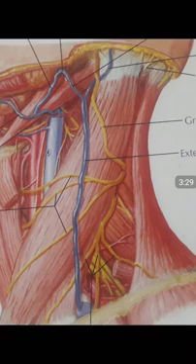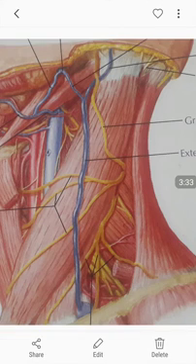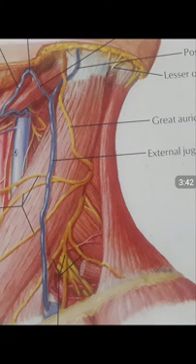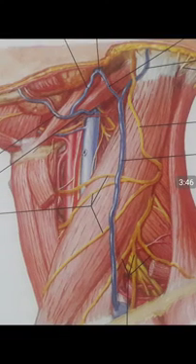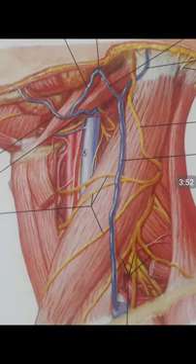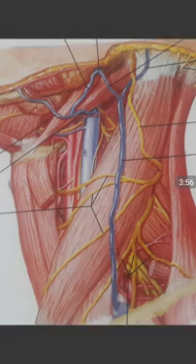It is a content of the occipital triangle, and beside that we have the lesser occipital nerve and occipital artery. Because of this occipital artery, this triangle is called the occipital triangle. And this supraclavicular triangle contains the third part of the subclavian artery, subclavian vein, and brachial plexus.